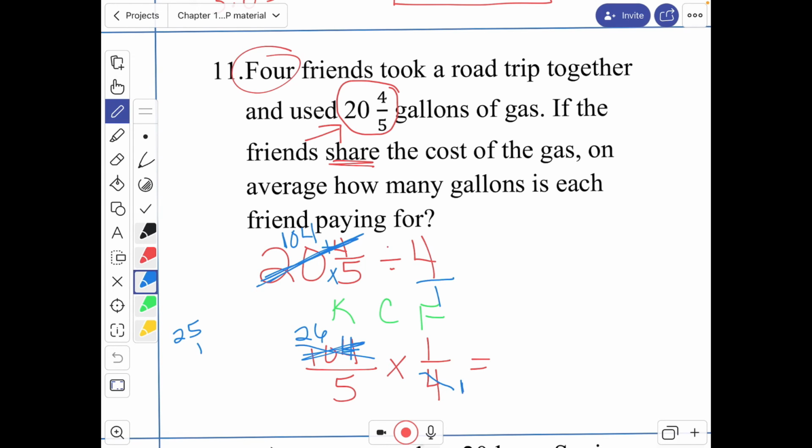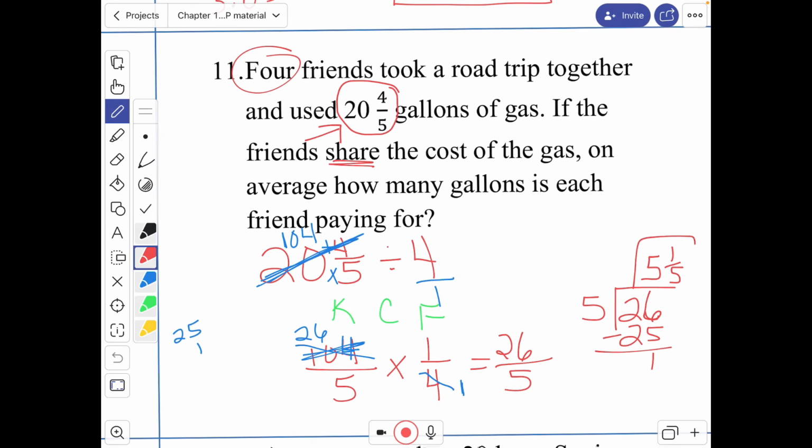And 4 divided by 4 makes 1. Then we go straight across. 26 times 1 is 26. And 5 times 1 is 5. That's improper, so we've got to divide it out. Man, horse. 5 goes into 26 5 times with 1 left over. 5 1/5. Each friend is going to pay for 5 1/5 gallons.